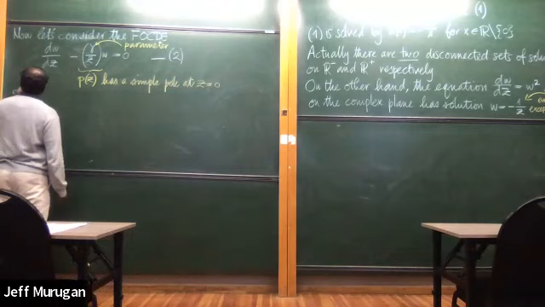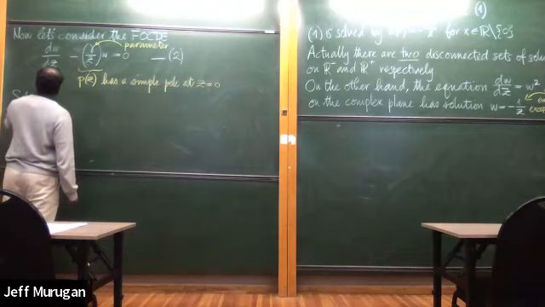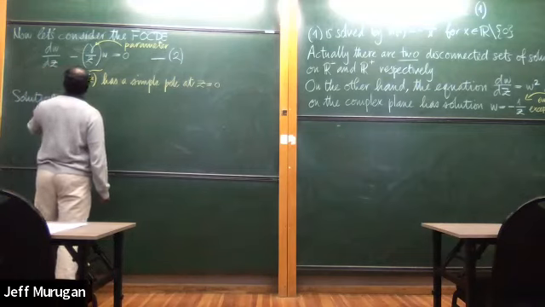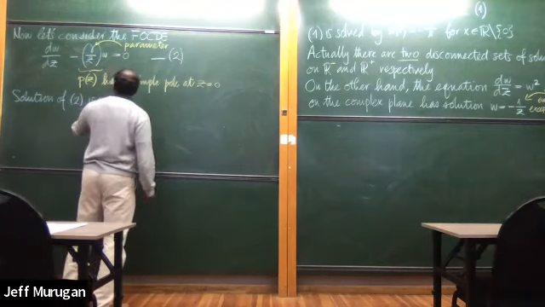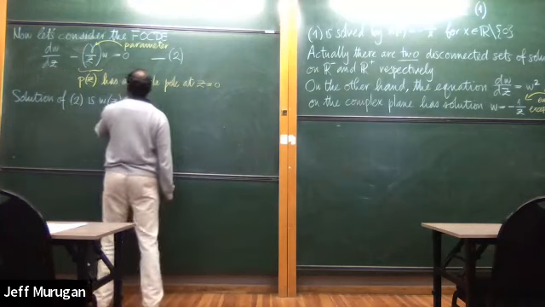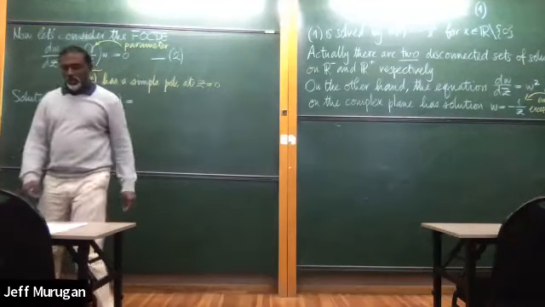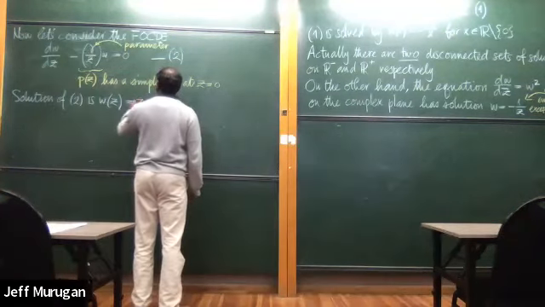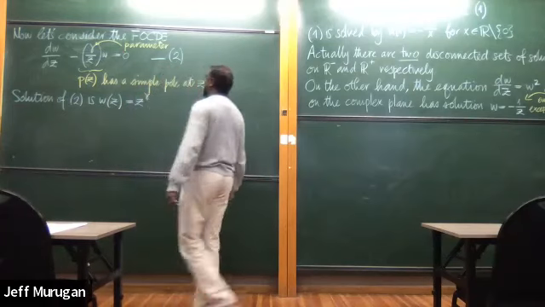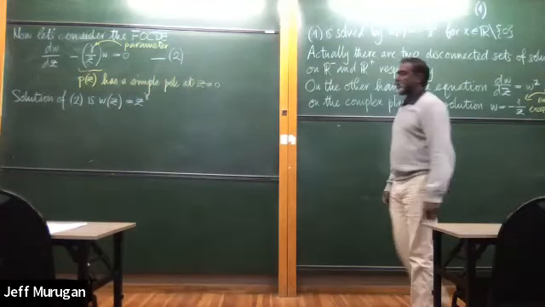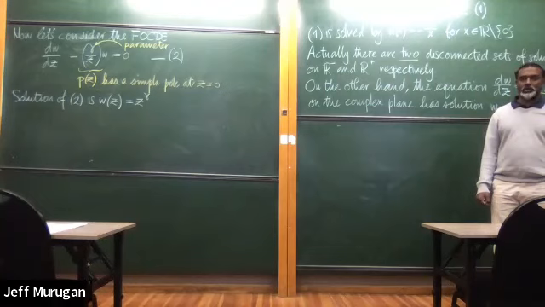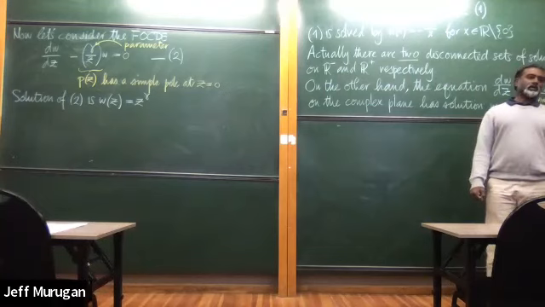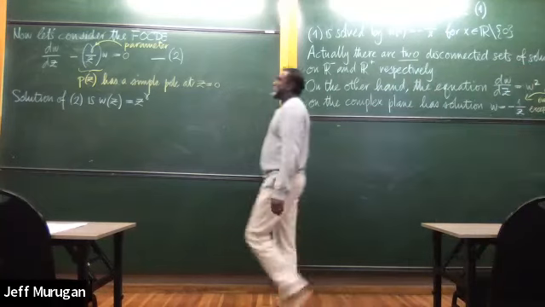So the solution to this equation is w of z equal to z to the gamma. Differentiated once, we pull down the gamma z to the gamma minus 1, that's gamma z to the gamma over z, or gamma over z.